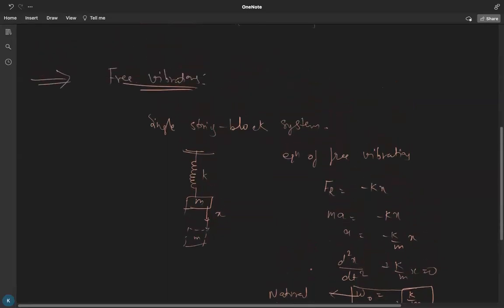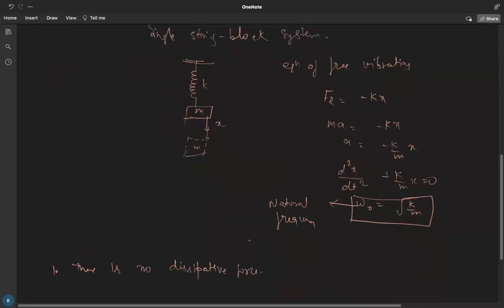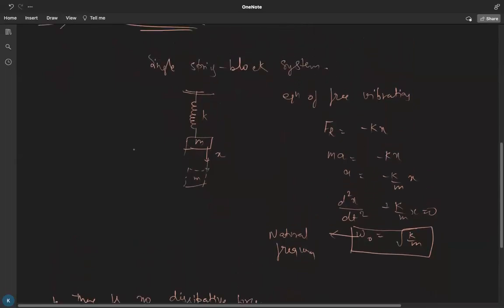So in free vibration, in which I am taking the example of the single spring block system, two things are happening. First, there is no dissipative force. Let me explain this sentence. There is no dissipative force. That means there is no external force acting on the system which affects the motion of the block of mass m.